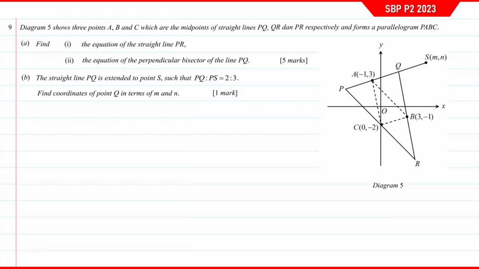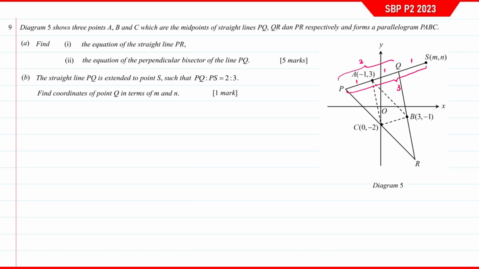Question B. The straight line PQ is extended to point S such that PQ to PS is equal to 2 to 3. Find the coordinates of the point Q in terms of m and n. Based on the ratio given, the ratio QS will be 3 minus 2, which is equal to 1. As point A is the midpoint of the line segment PQ, the ratio PA to AQ will be 1 as well.